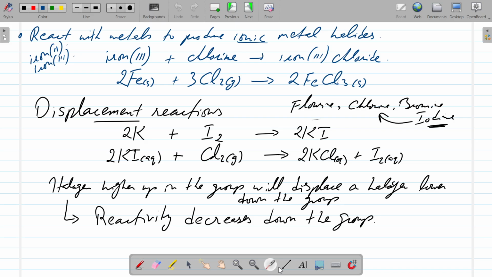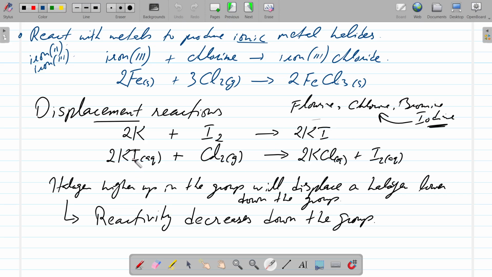So we were talking about group 7, the halogens, and a particular thing that occurs with halogens is the displacement reaction. When you have potassium reacting with iodine, you form the compound potassium iodide.